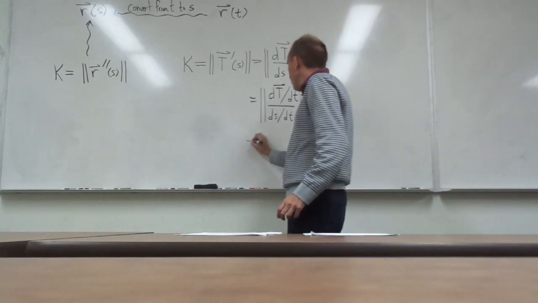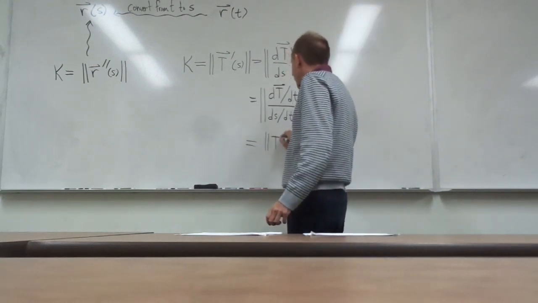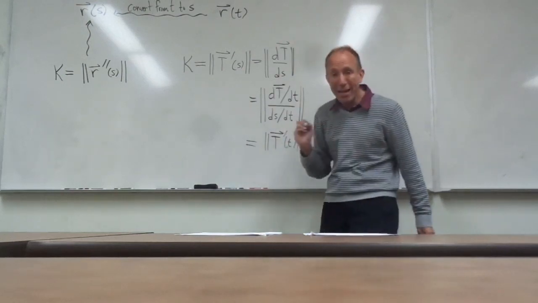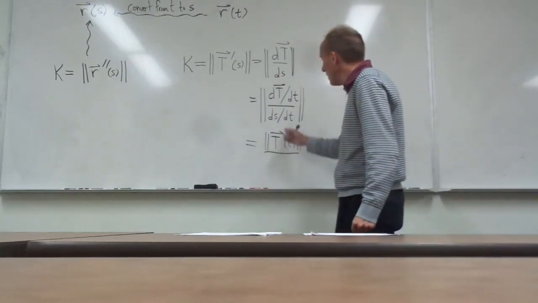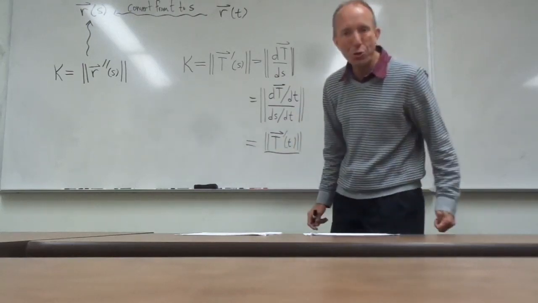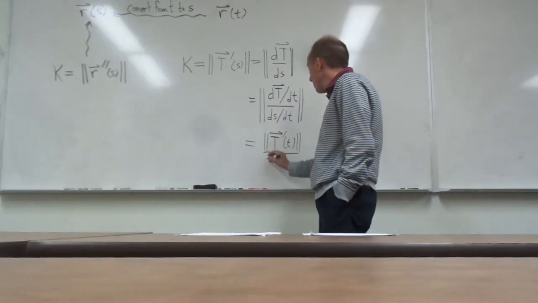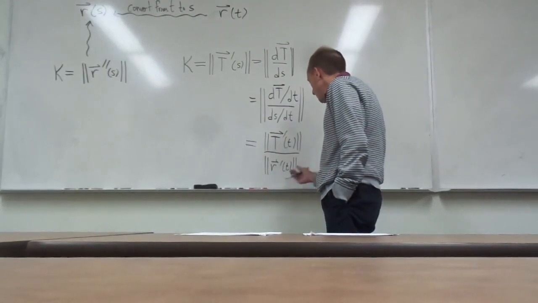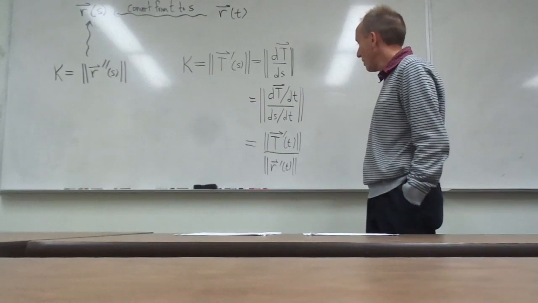So what you're getting out of this is T prime of t. Now I've brought the time back into the equation. And the norm of ds/dt isn't a vector, it's just a scalar function. But its value, if you remember, is literally just the speed of the object.